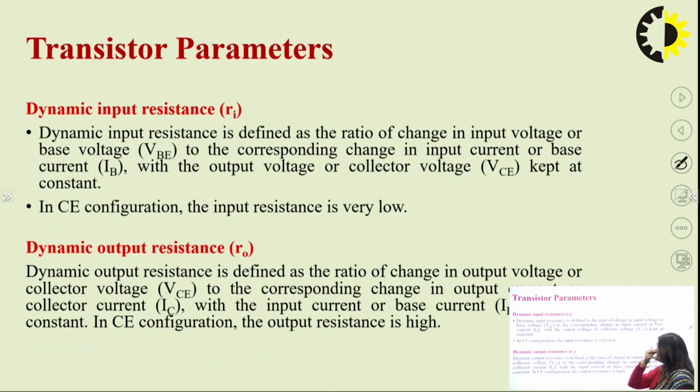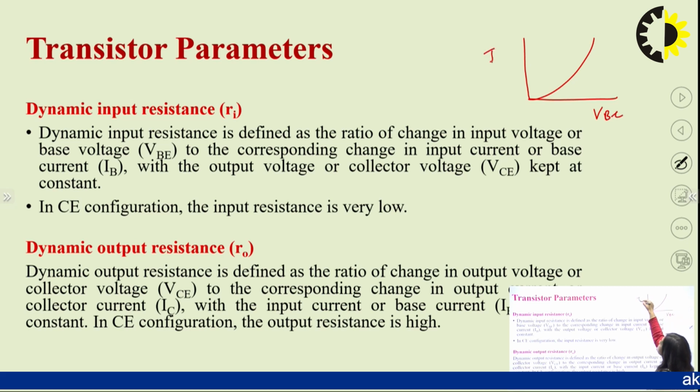So input resistance, dynamic input resistance in case of common emitter. In common emitter, dynamic input resistance is defined as the ratio of the change in input voltage, base voltage, to the corresponding change in the input current or base current. Like we have input characteristics in this way in common emitter. We have VB and this is IB.